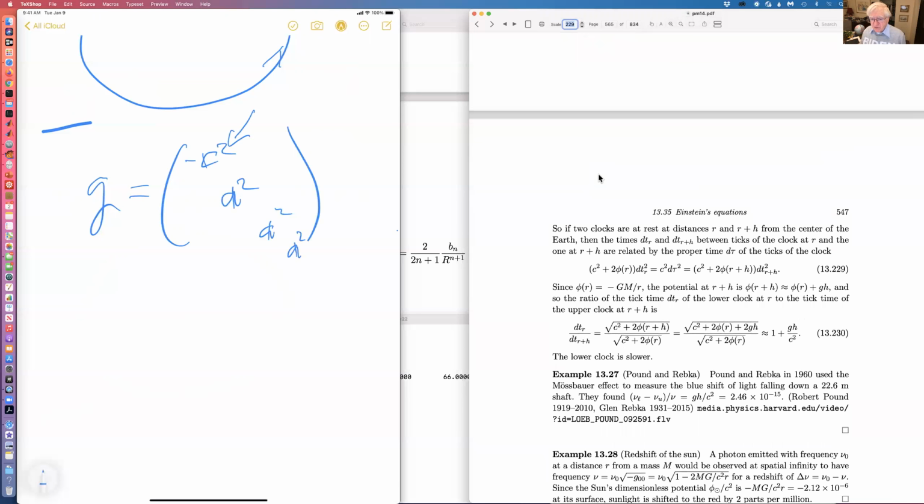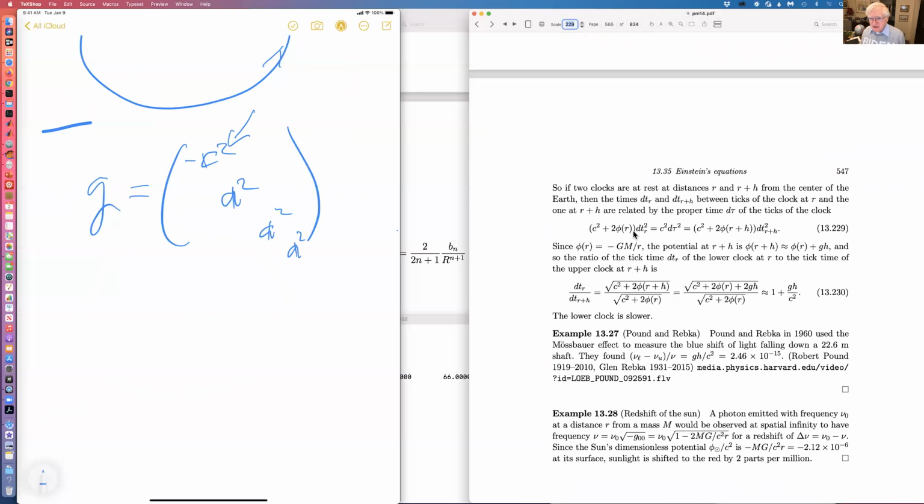So what do we find? What we find is that the change in time is going to depend upon the position, if the gravitational field depends upon position.